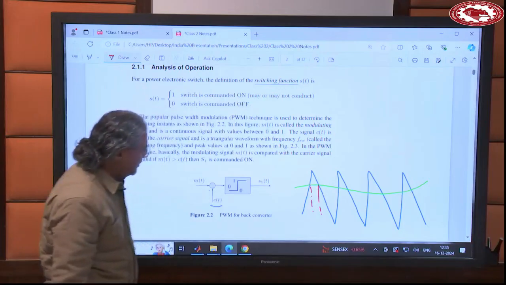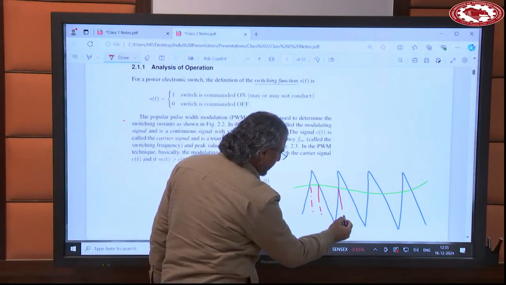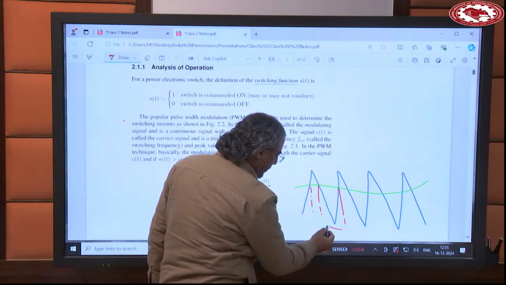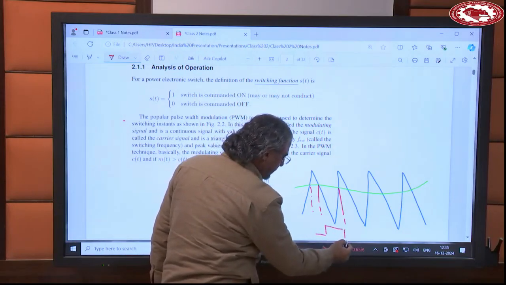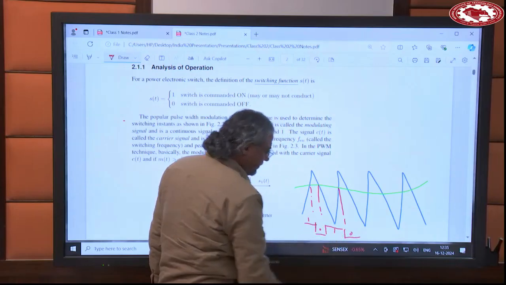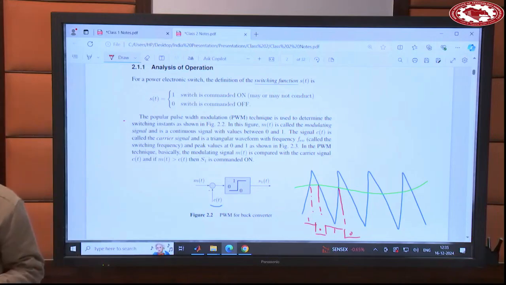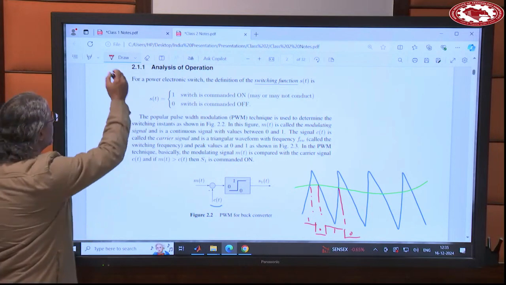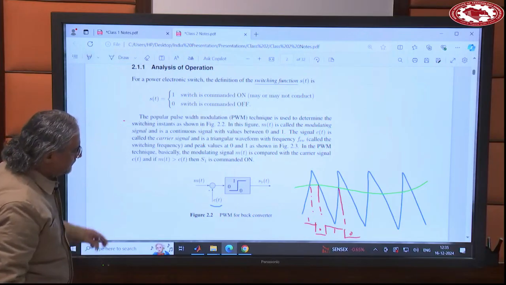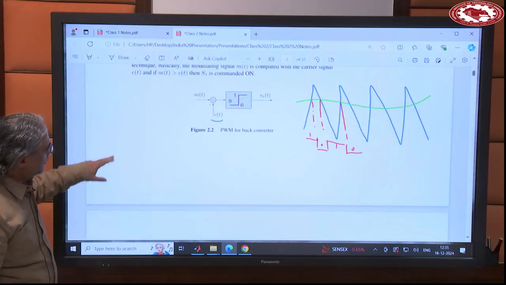In this region, M is smaller than C. In the other region here, M is larger than C. So here you have 1 and here you have 0. That gives you a switching function, either 1 or 0, depending on whether m is larger than c or otherwise. So this technique is called pulse width modulation.